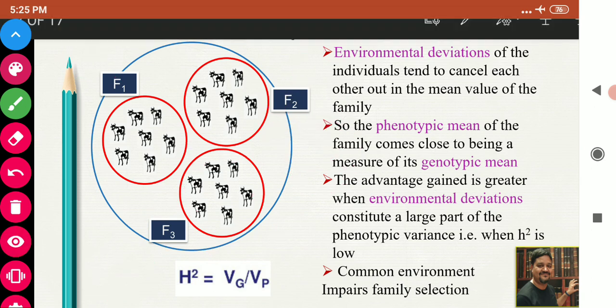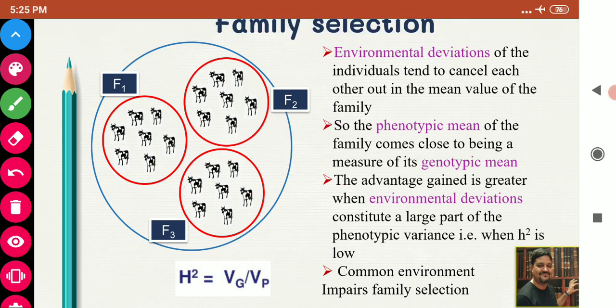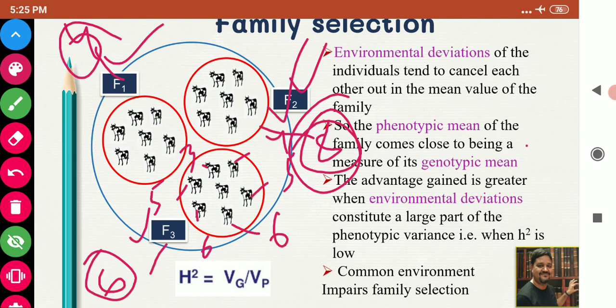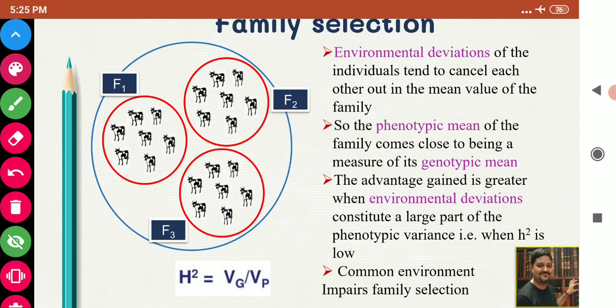Now you see, what is the environmental deviation? The environmental deviations of the individuals tend to cancel each other out in the mean value of the family, as we have already discussed in the last slide.